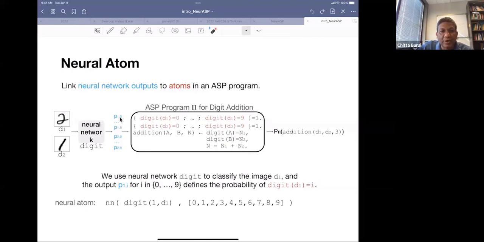So these are the 10 probabilities that this digit is 0 or 1 or 2 up to 9. Similarly, there are probabilities for whether the other digit is 0 or 1 or 2 up to 9.